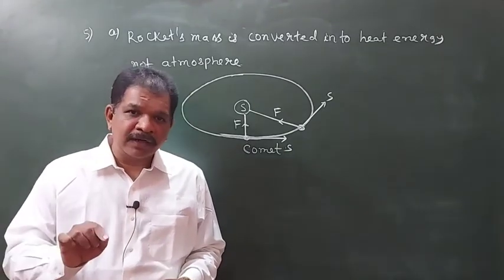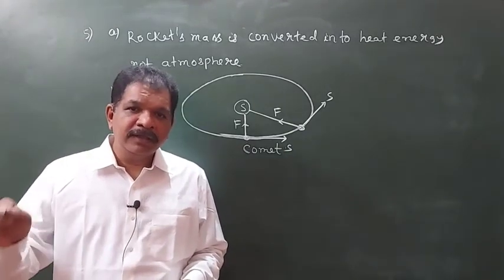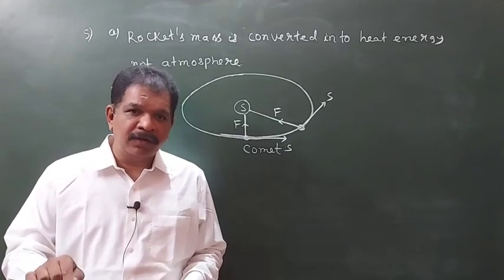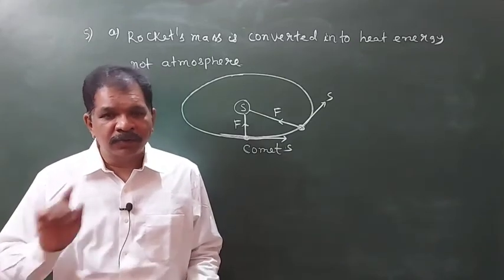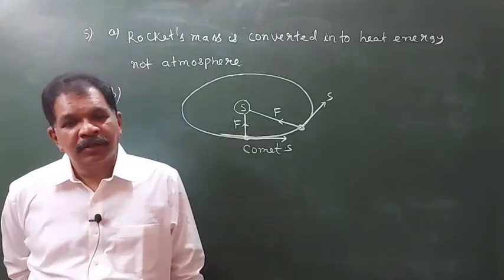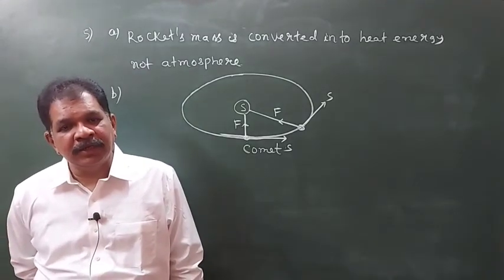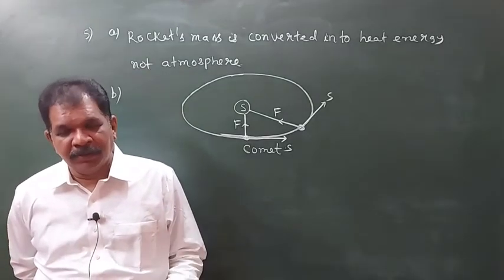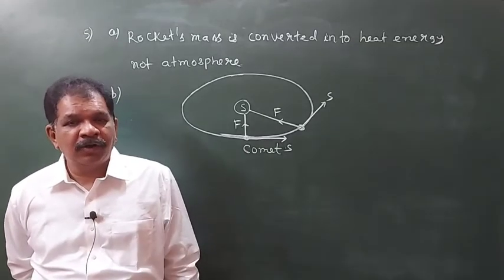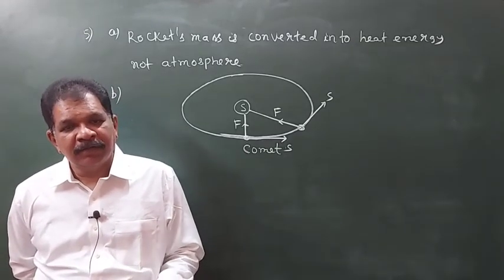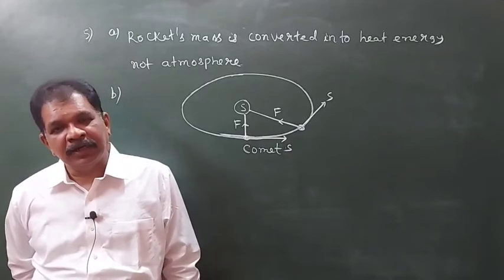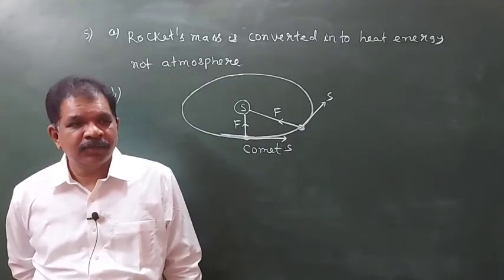So, if work done by a force is independent of the path followed by the body, that force will be a conservative force. If work done by the force is dependent on the path followed by the body, then that force will be called a non-conservative force.